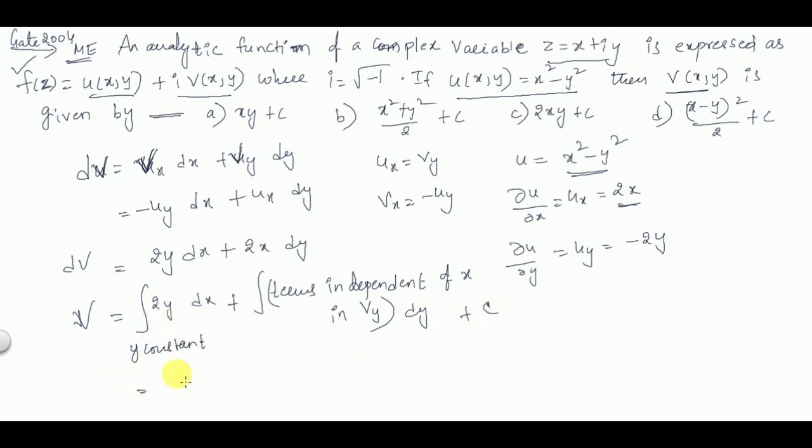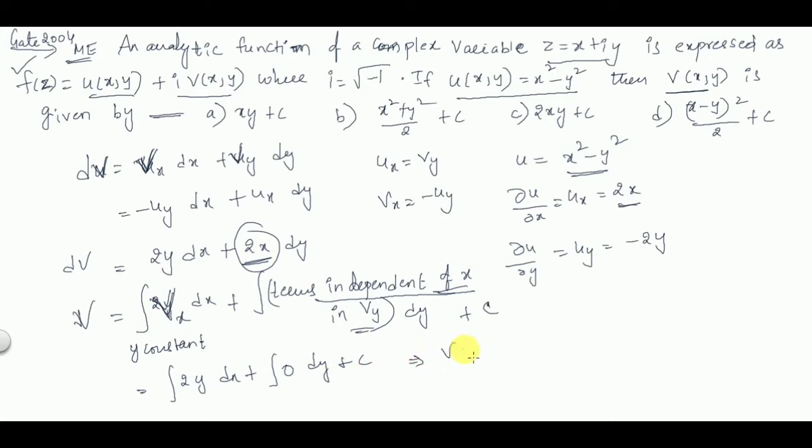So this is 2y dx plus terms independent of x in vy. Only one term is present in vy, that is 2x, and it depends on x. So there is no term independent of x, so we can write 0 dy plus c.